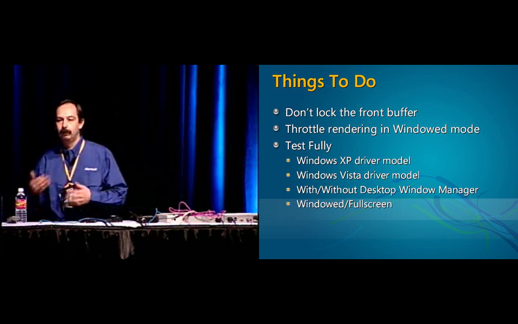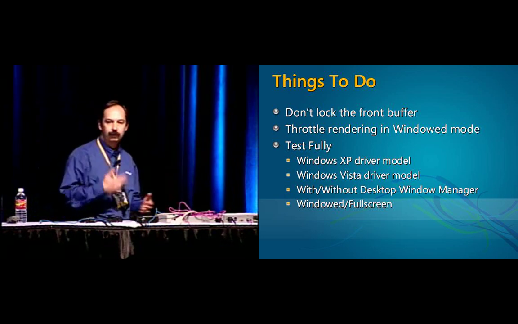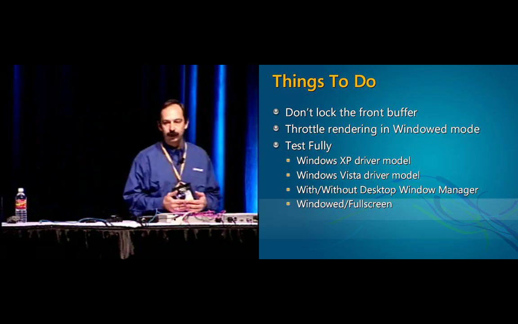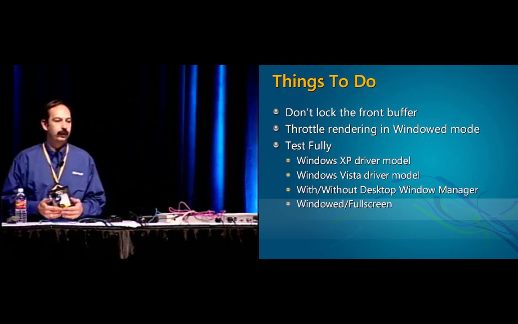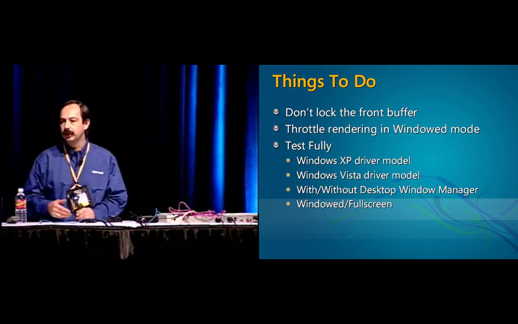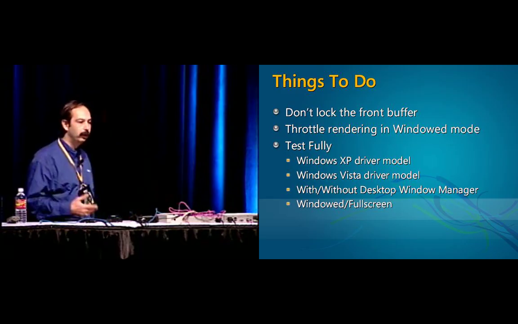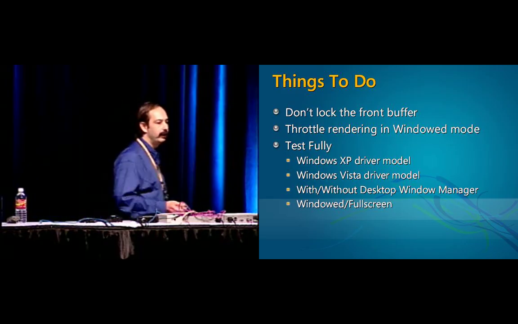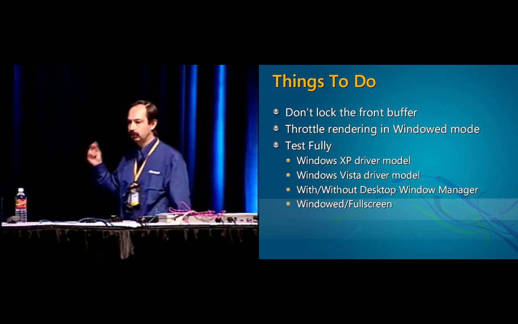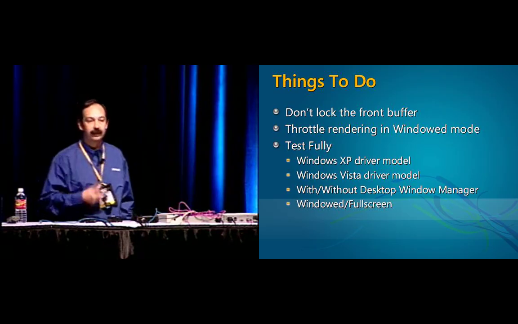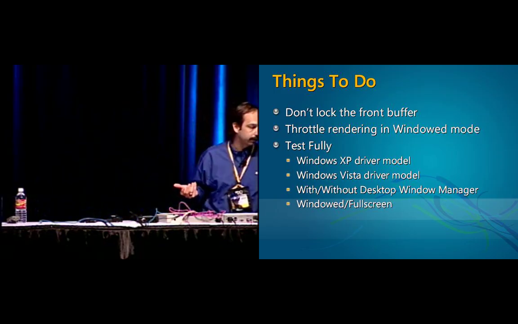So there really isn't a point to be rendering 1,400 images before it actually displays on the screen. If you're not throttling your rendering, all you're doing is using up GPU cycles and other system resources that you could use for something else. So when you're in windowed mode and running on Windows Vista with composition, please make sure you throttle your rendering so you're not rendering more frames than are absolutely necessary, because it's not going to show up on the screen except once every 60th of a second.